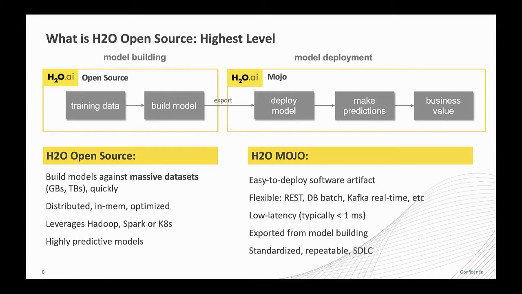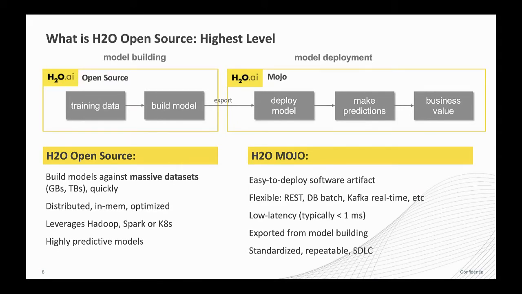But this one artifact can be deployed to any JVM, whether that's a REST server that takes HTTP requests across the internet, or churning through tens of thousands of records in a database and batch predicting from those records, and then having a new column with the probability of the prediction.